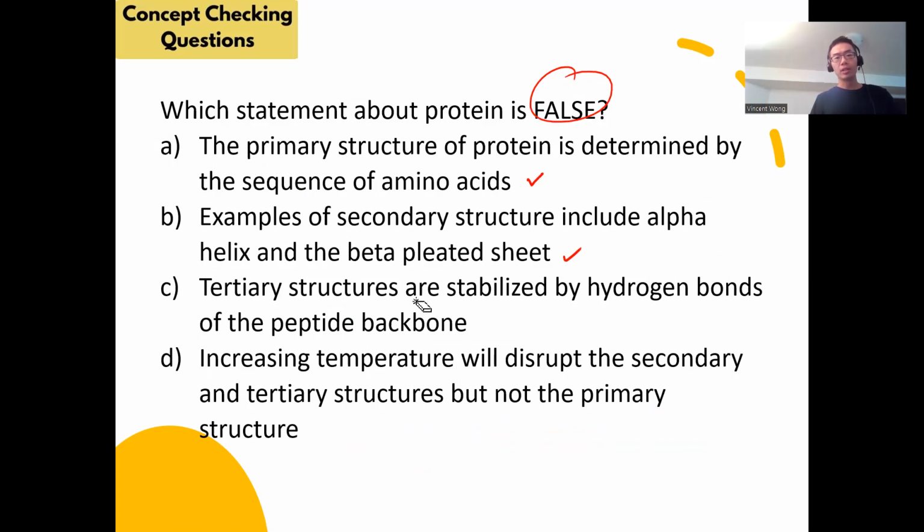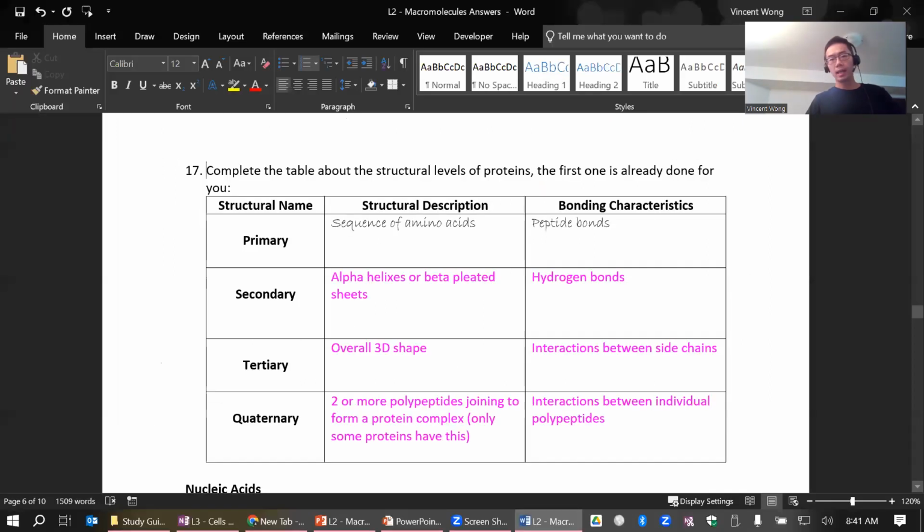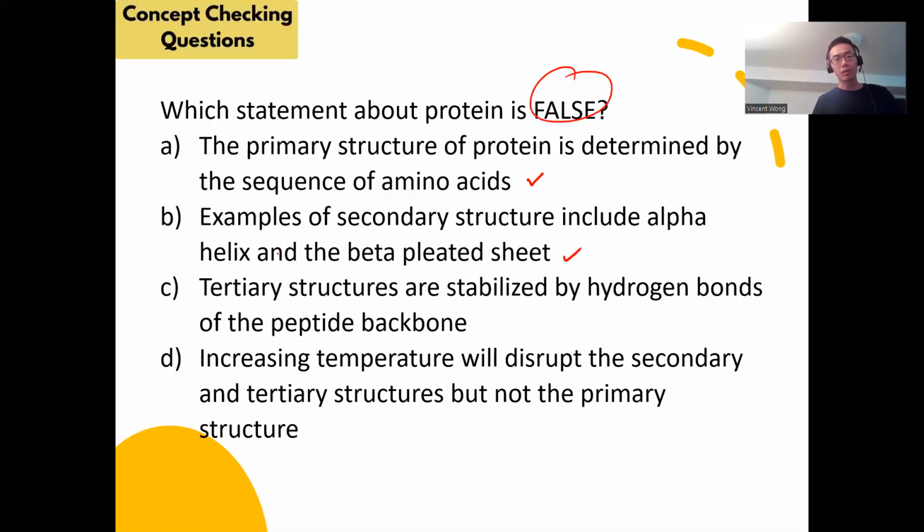Tertiary structure is stabilized by hydrogen bonds of the peptide backbone. And let's see, tertiary structure is interaction between the side chains. So that's why this is incorrect. Side chains. A lot of you chose D. Increasing the temperature will disrupt the secondary and tertiary structure, but not the primary structure.